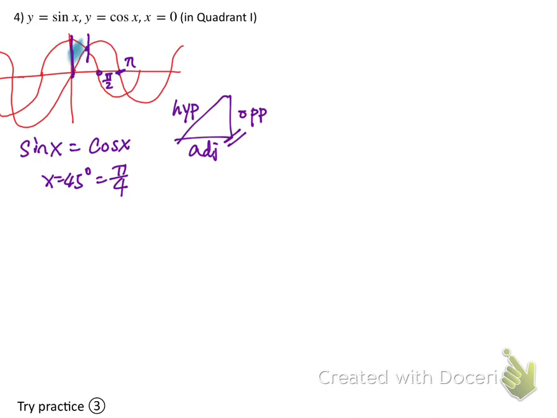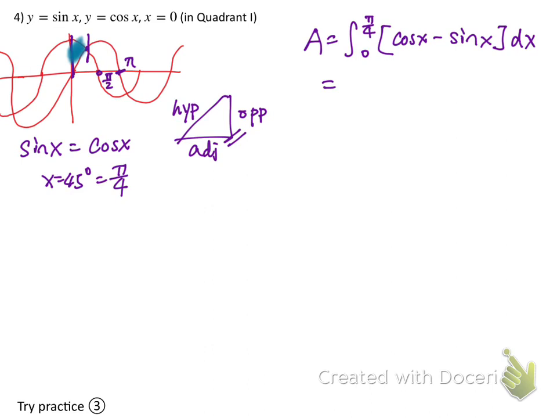So our area will be from 0 to pi over 4. The top function in this shaded part, again this shaded part, is the cosine x. Cosine x minus the one on the bottom, sine x, dx.